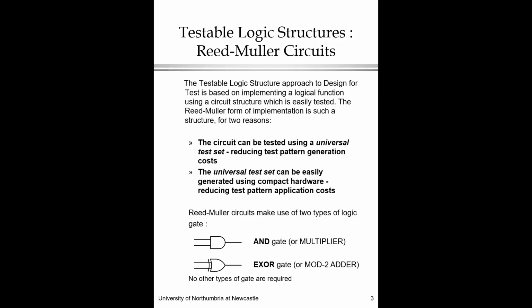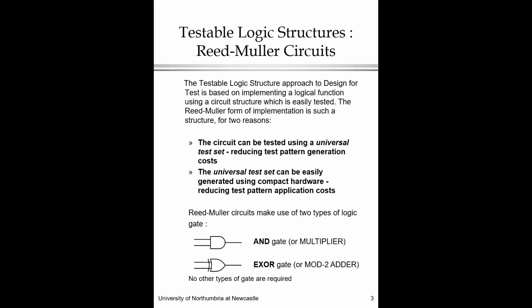In this testable logic structure, the Reedmuller circuit is an approach to design for test, DFT, that is based on implementing a logical function using a circuit structure which can be easily tested. The Reedmuller form of implementation is such a structure for two reasons.